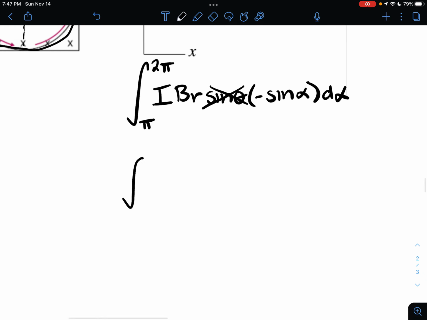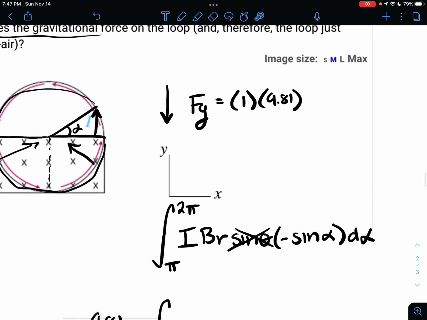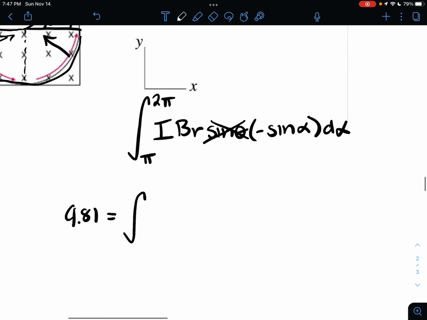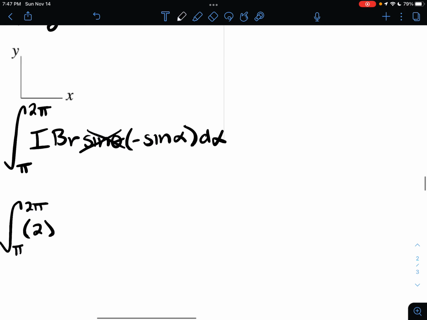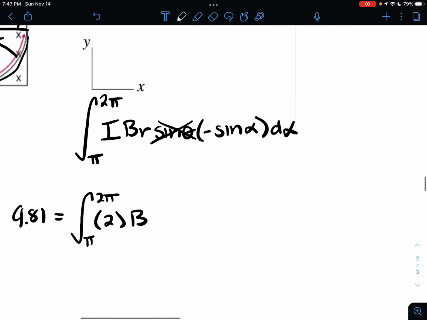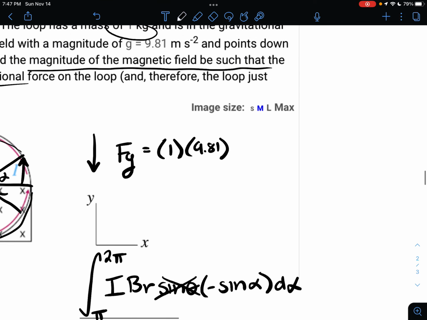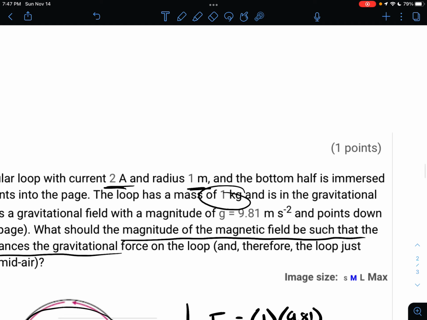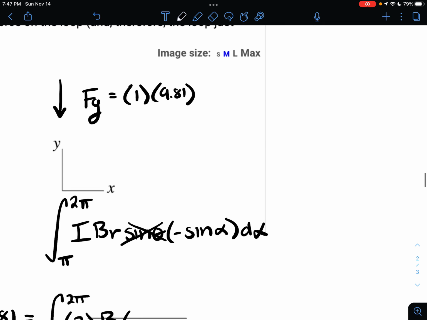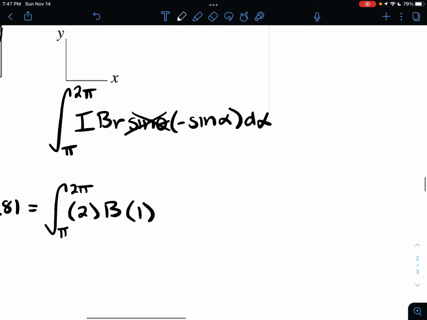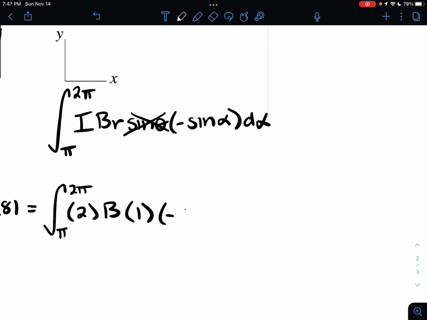So we're going to integrate, and we're setting this equal to the 9.81 that we calculated for our force due to gravity up here. Pi to 2 pi of our current, which was 2 amps, times B, which is what we're solving for, times our radius, which was 1 meter, times negative sine alpha d alpha.